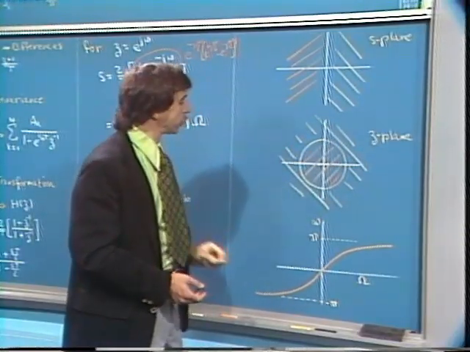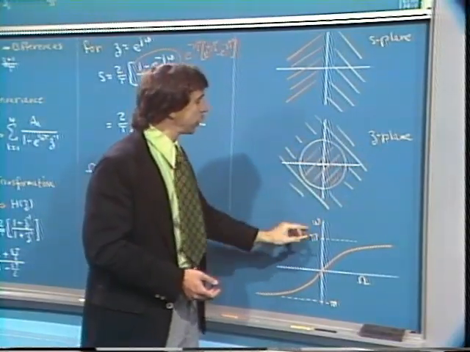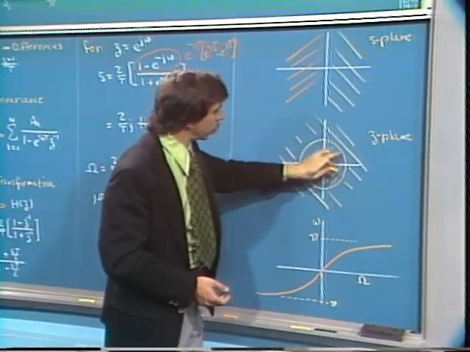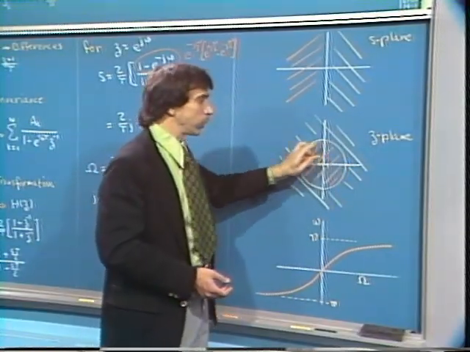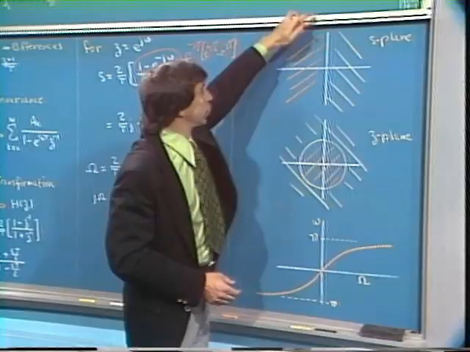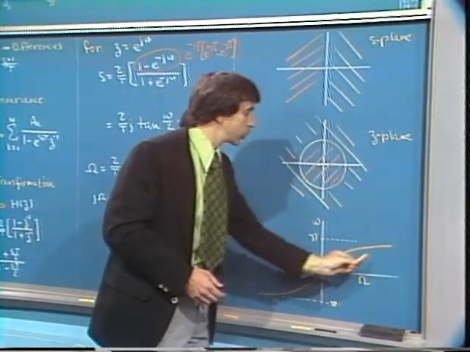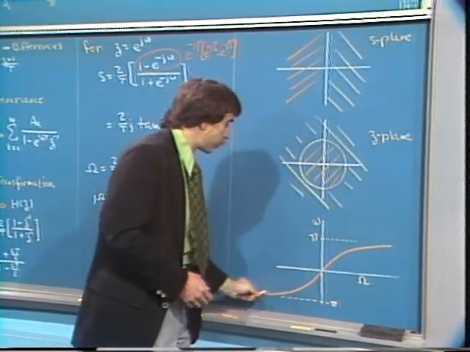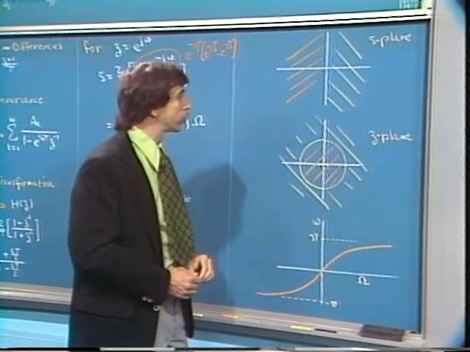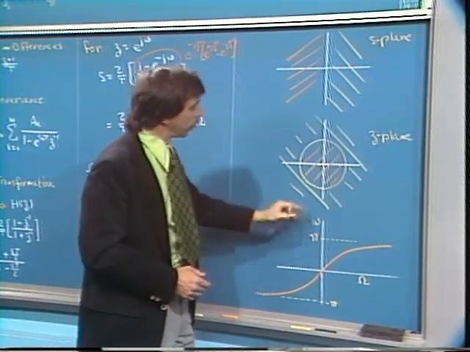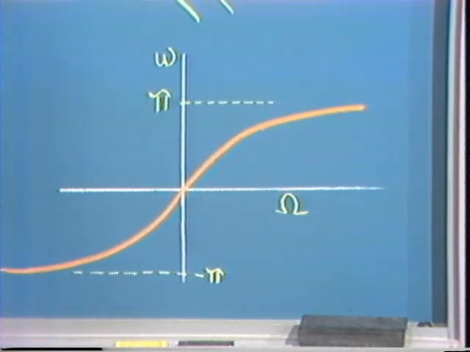In particular, the mapping, if we draw it, between little omega, angular frequency around the unit circle, and distance along the j omega axis looks as I've indicated here, which of course is a nonlinear curve. Well, let me return to that in a second.